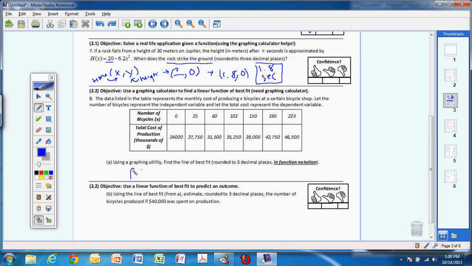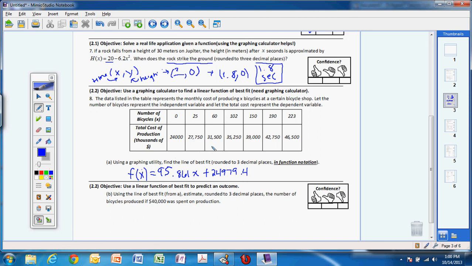So in function notation, we're going to say f of x equals 95.861x plus 24,979.4, because we're doing 3 decimal places. So that is the line of best fit through all of this data.